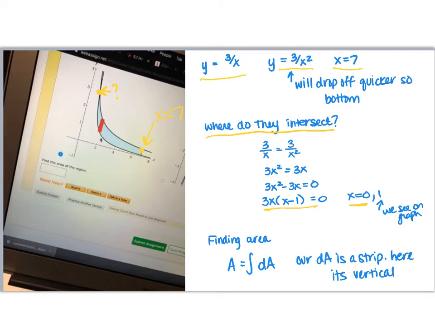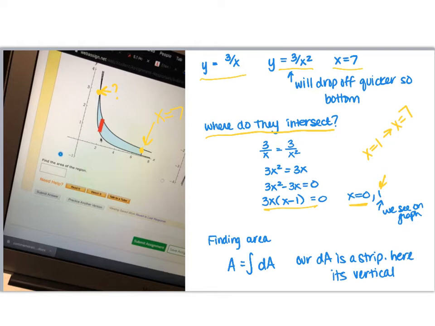The 0 doesn't really make any sense, but anyway, we see that they intersect at x equals 1. So that's information for us, because our integration is going to go from x equals 1 to x equals 7.